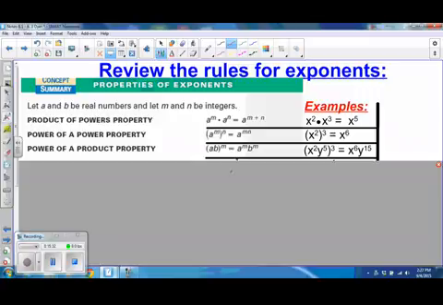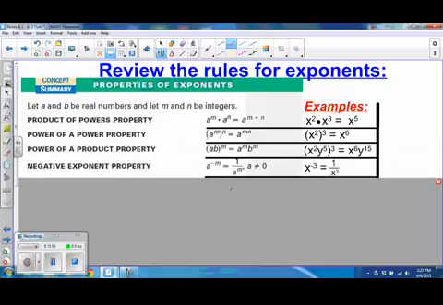So x squared y to the 5th, if all of that is raised to the third power, it's like saying x squared to the third power, and we know from the previous rule, you just multiply those powers. So 3 times 2 is 6, and then y to the 5th raised to the third power is 15. Y'all remember that? Okay, good.